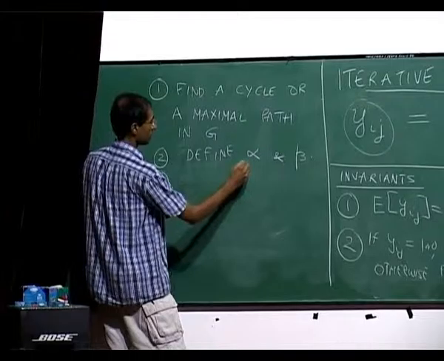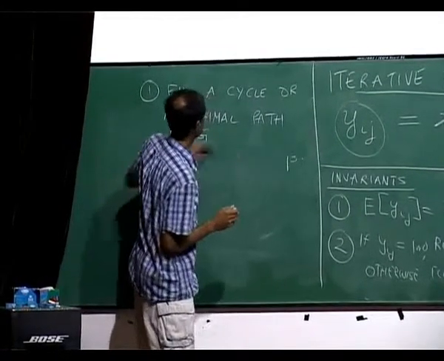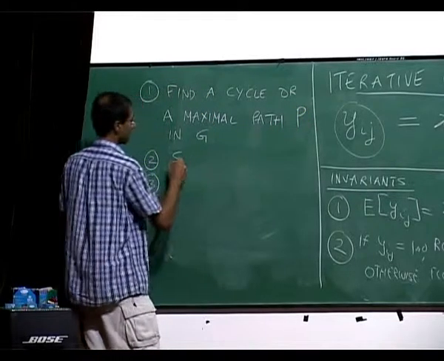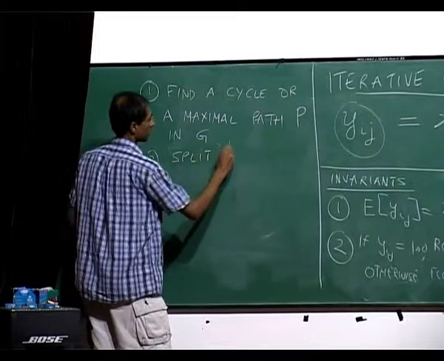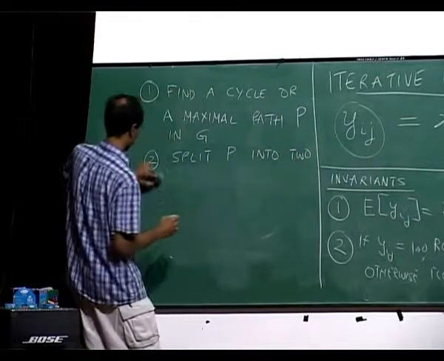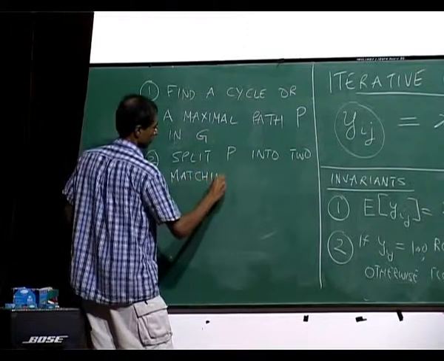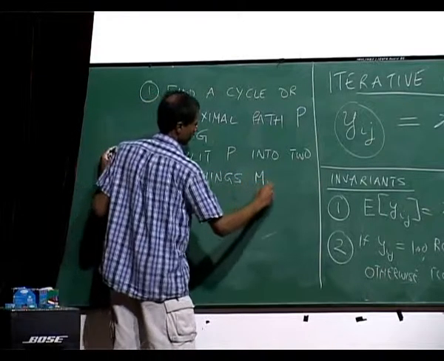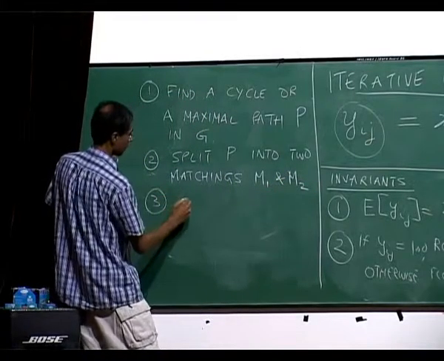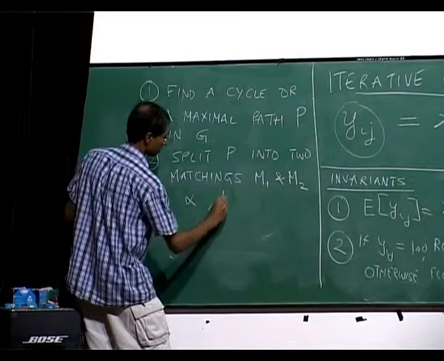Cycle or a maximal path P. Split P into two matchings, M1 and M2. Define alpha and beta.